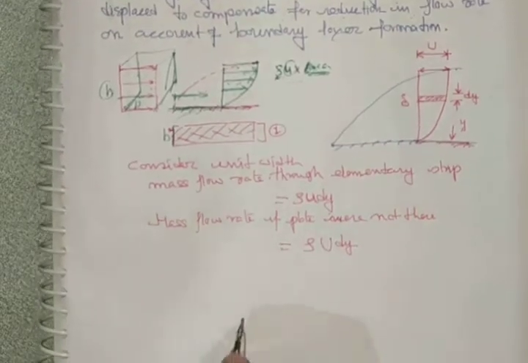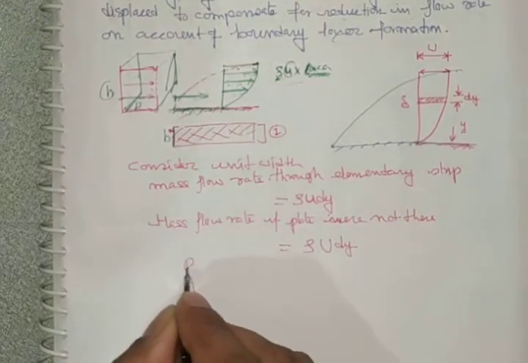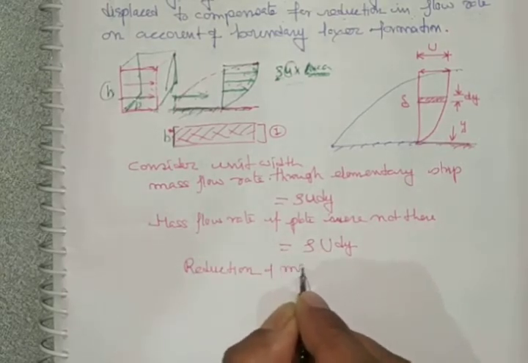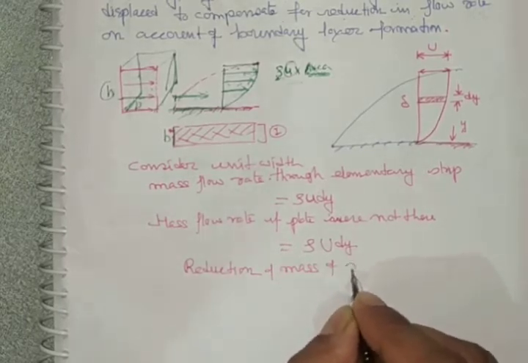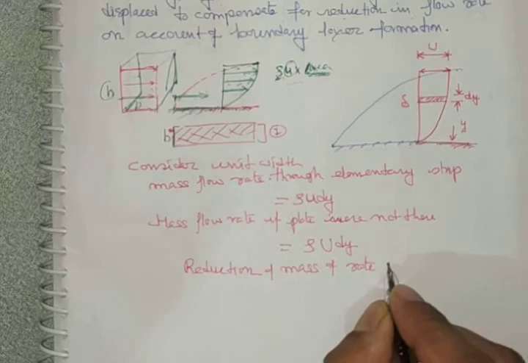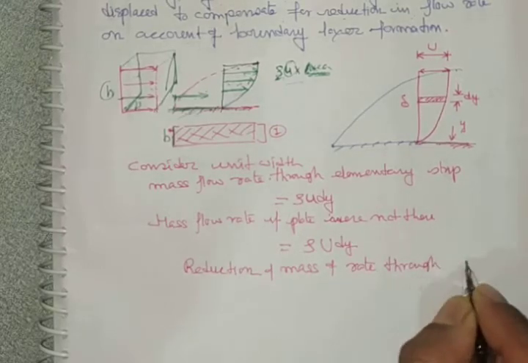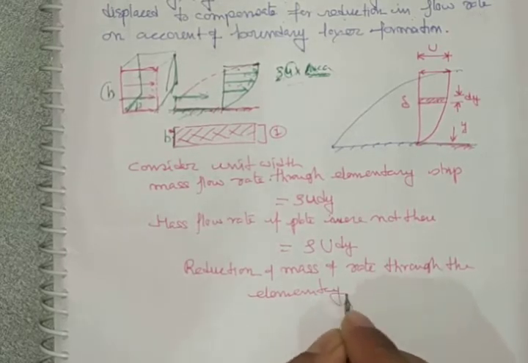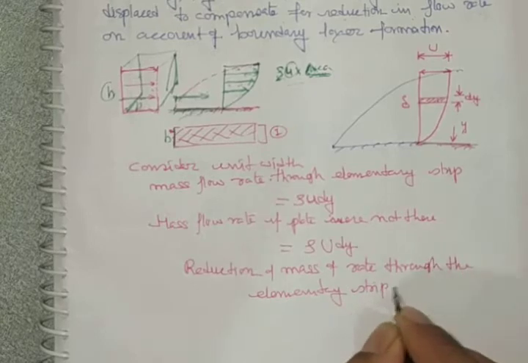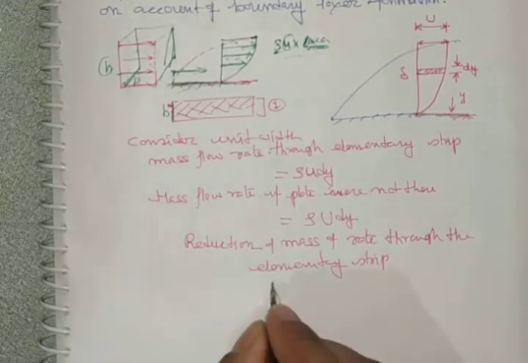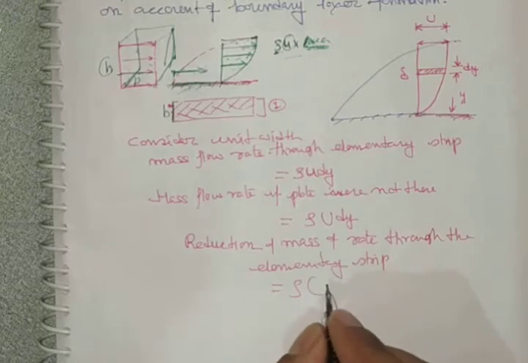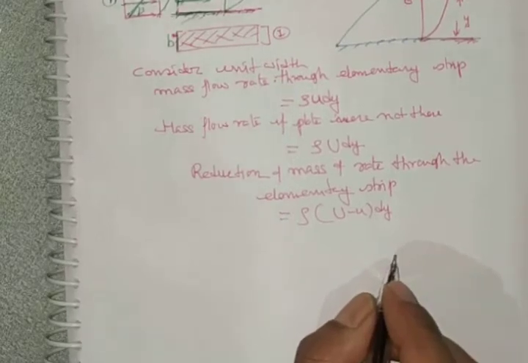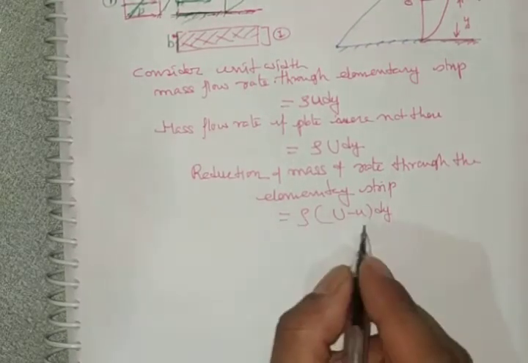Okay, then you have to find out the reduction of mass flow rate through the elementary strip. So it will be given by rho (capital U minus small u) dy. That is for the small strip.